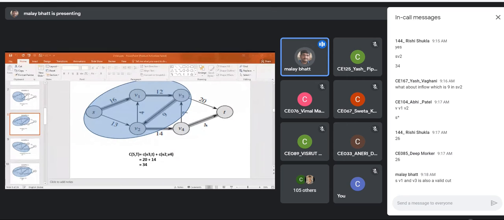So if you want to calculate, we can also calculate S, V1, V3. Can you tell what will be the value of that? S, V1, V3. Very simple question. Everyone can answer.